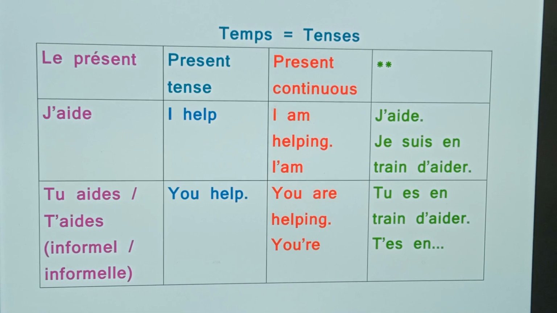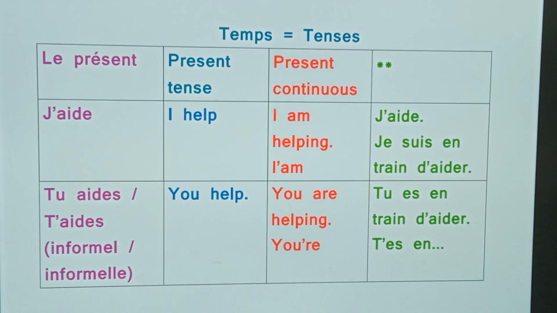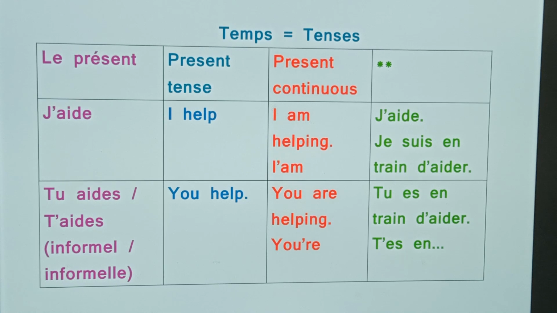So we could see le temps. Le temps means tenses. Like in English, we've got present tense, past tense, present continuous, and so on. So le présent. En français, le présent. In English, present tense. So we saw aider, so like j'aide. You just drop the R and then you say j'aide. And I help.